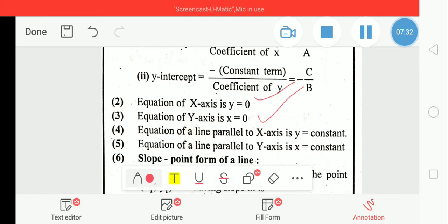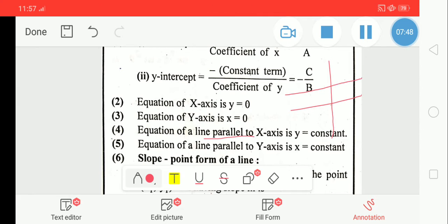0. So the equation of a line parallel to the x axis is y is equal to a constant. In these lines, which are parallel to the x axis, the value of y is constant. And for the equation of a line parallel to the y axis, x is a constant.